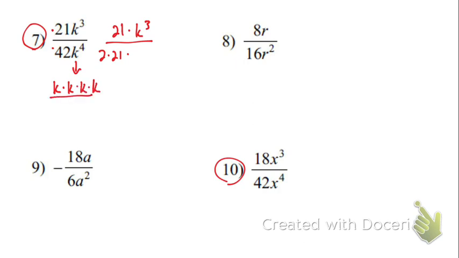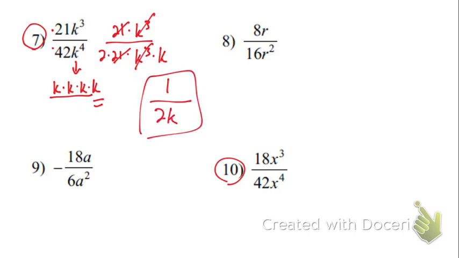So that's 3 k's, so k to the third, and then another k. You can break it down like that if that's easier for you, because now the k to the thirds go away. The 21s go away. Nothing left up top, so there's got to be a 1 up there. And then on the bottom, I have 2k. All right, so that's what that one's going to look like.